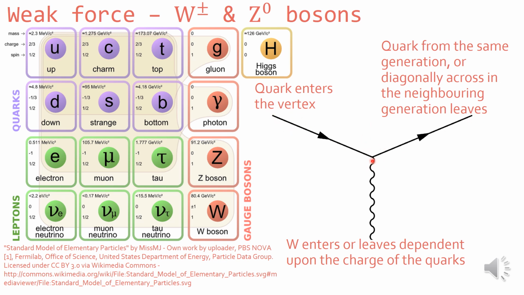So if this W boson is leaving, it's going to have a charge of plus 1, and so our overall charge in the vertex has been maintained. But let's say we had a down entering and an up leaving. Because it's going from a down to an up, we'd have to have a W minus boson leaving to maintain our charge. So that's something to bear in mind. You do have to check which W boson is leaving your vertex, because it will have a knock-on effect later as well.